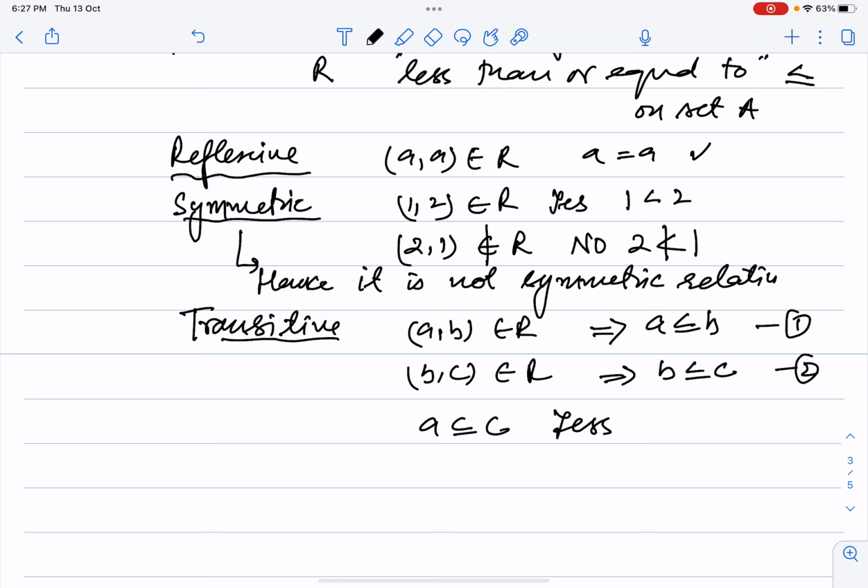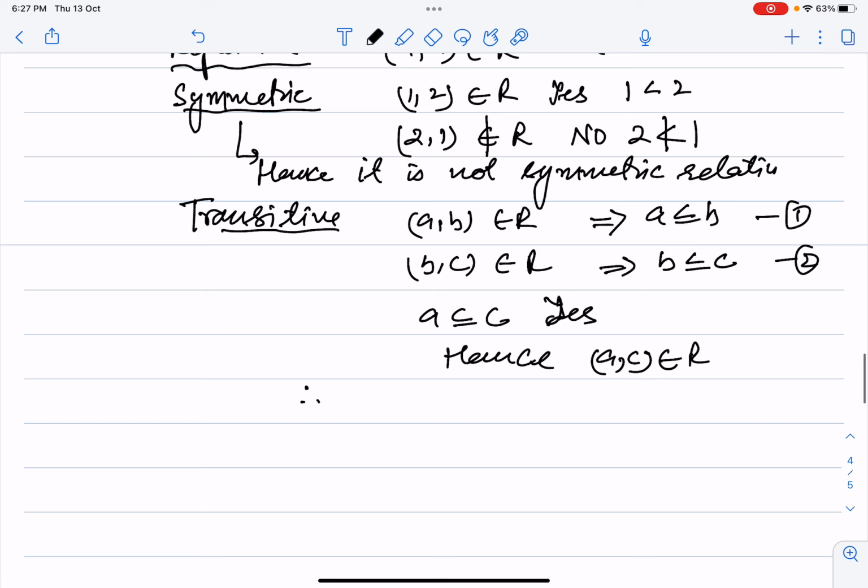Yes. Hence (A, C) belongs to R. Therefore, the given relation is transitive.